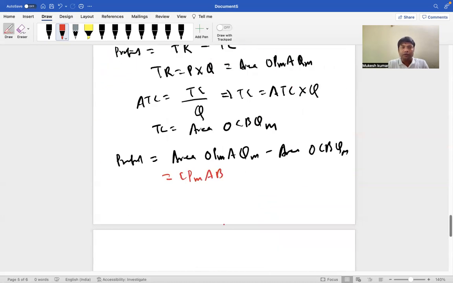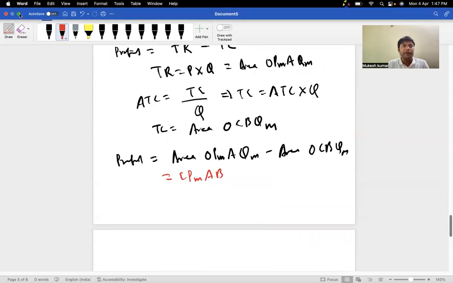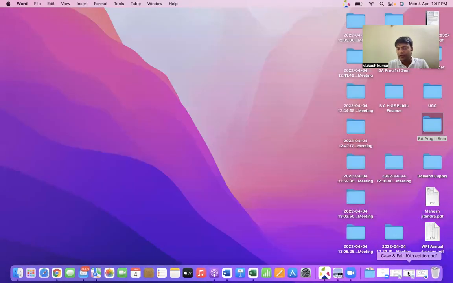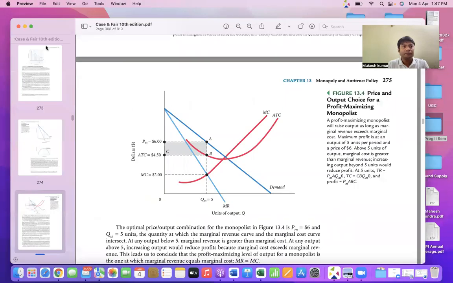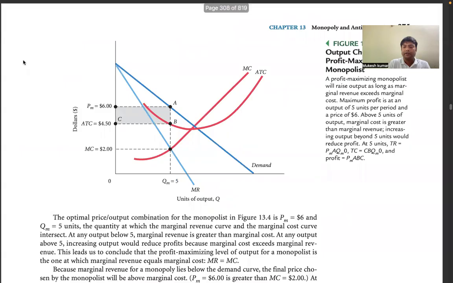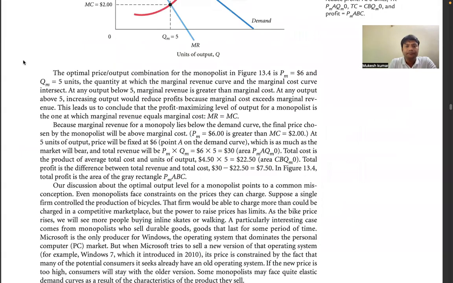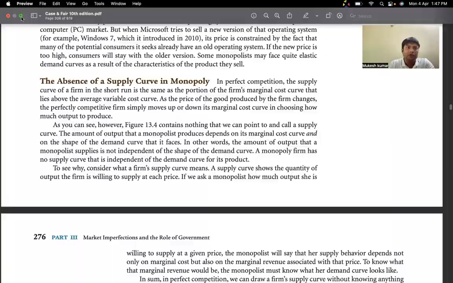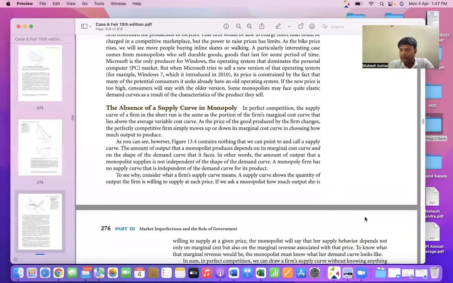Now, here we can compare the monopolist with the perfect competitive market. But before that, I'm going to say something about the absence of a supply curve in the monopoly.